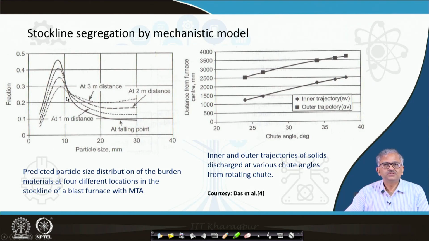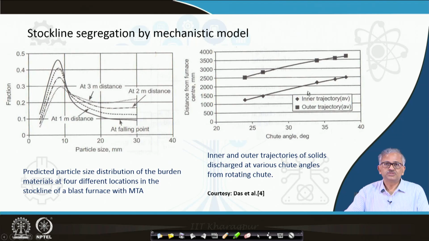And here in this diagram you can find the inner and outer trajectories of the solid discharge at various chute angles from the rotating chute. Basically, when the particles are in the rotating chute, they are under the action of drag force and centrifugal force. All these forces are there because of the movement of the reference frame.